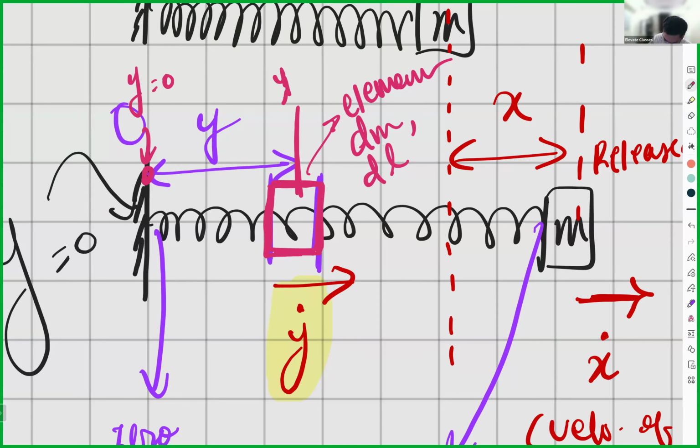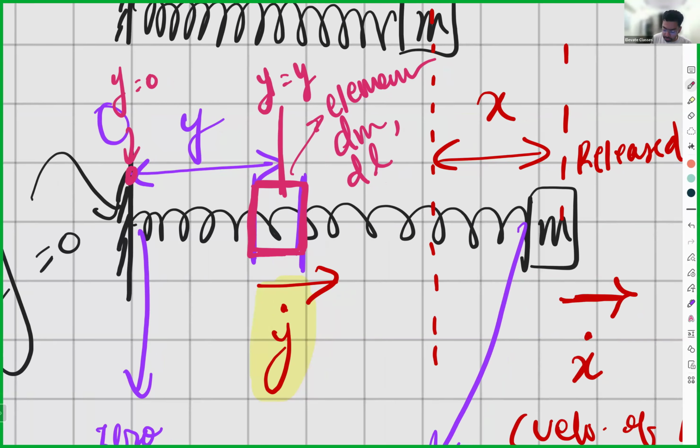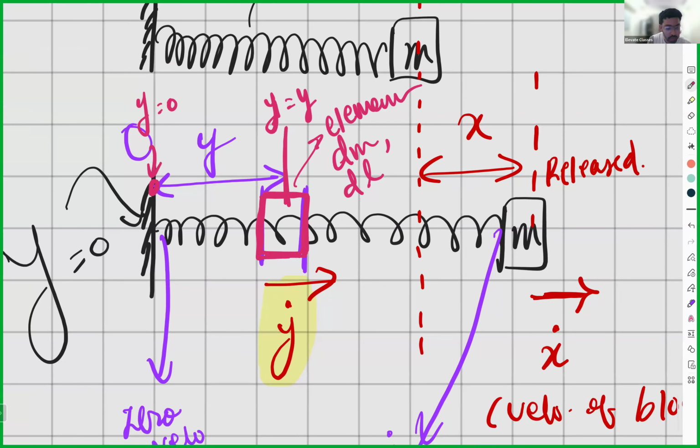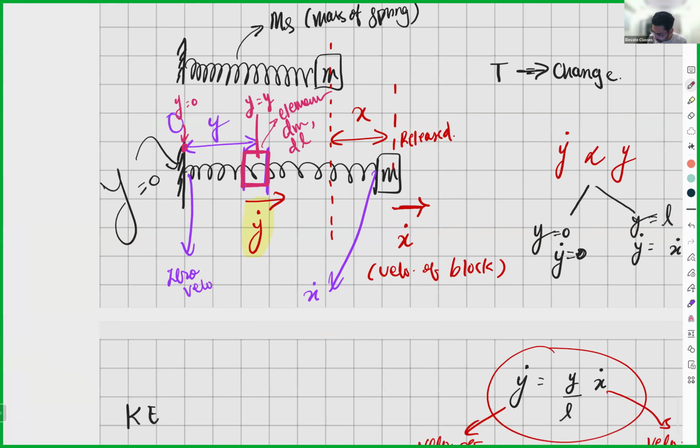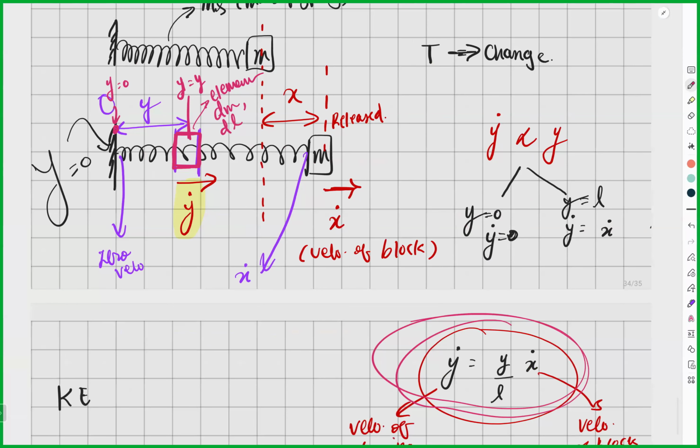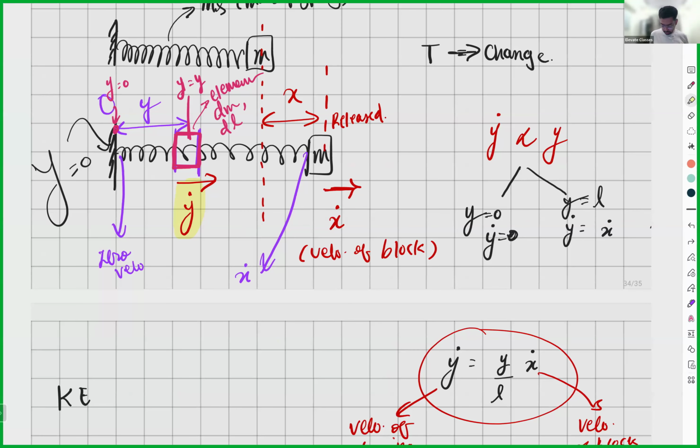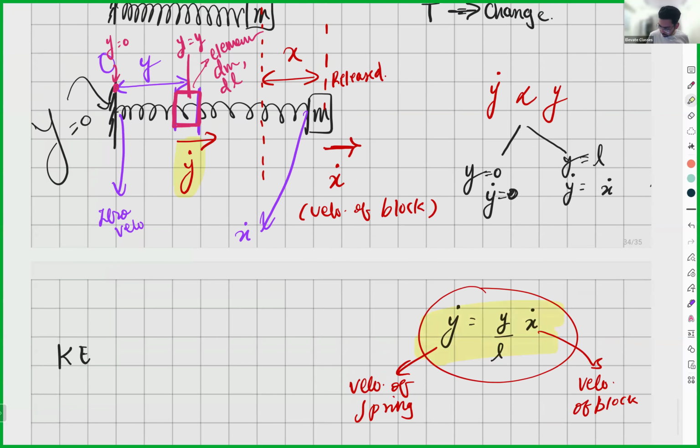And if this y is equal to L, then it has to have the velocity x dot. So that is what is being satisfied through this particular expression. If y is equal to L, then it will satisfy the value of x dot. Okay, got it.